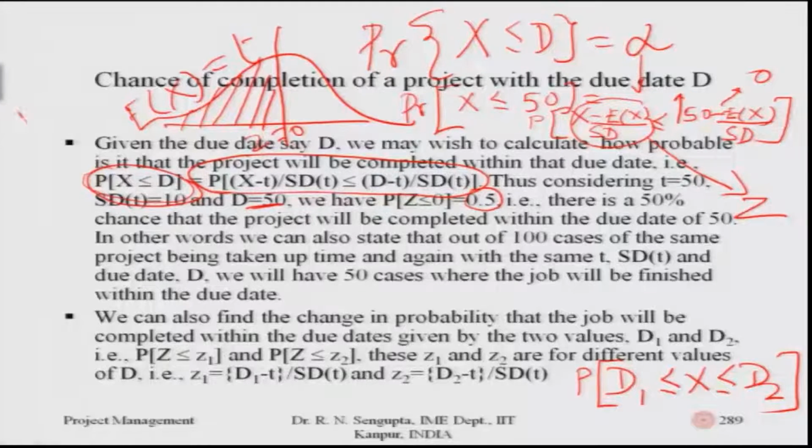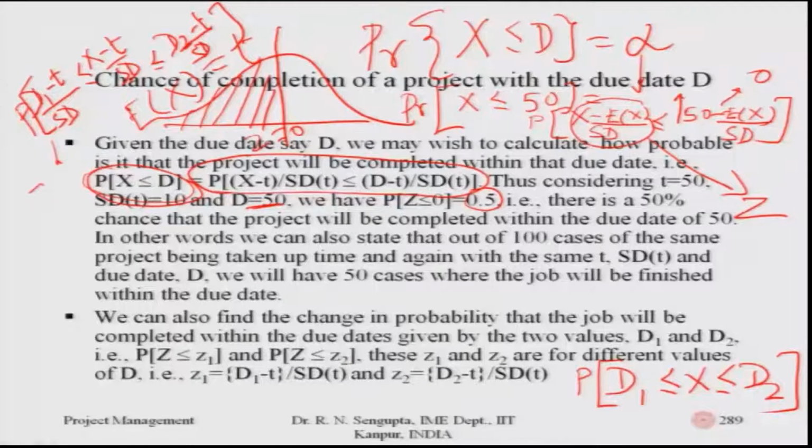It will be basically d1 minus t, where t is the expected value, divided by the standard deviation, less than or equal to x minus t by standard deviation, which is less than or equal to d2 minus t by standard deviation.